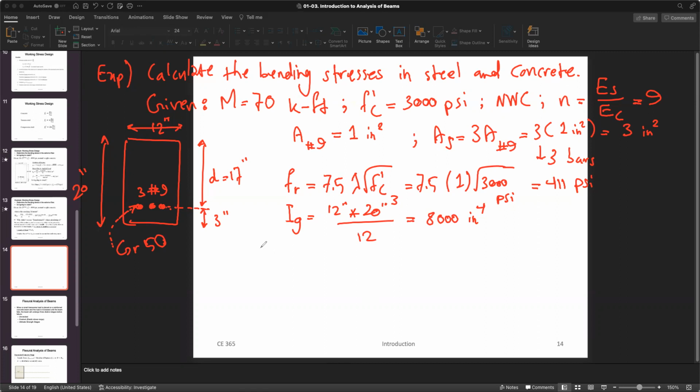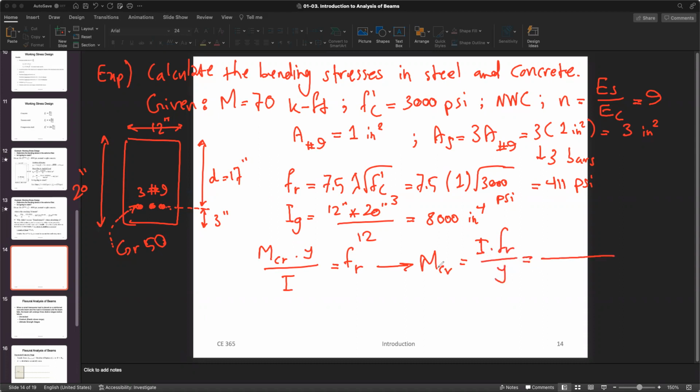All right. So using this, if you remember, I said if I want to find the corresponding cracking moment, I can say the cracking moment times y over I is equal to your threshold fr, stress-wise, right? So from this, you can say the cracking moment is equal to I fr over y.